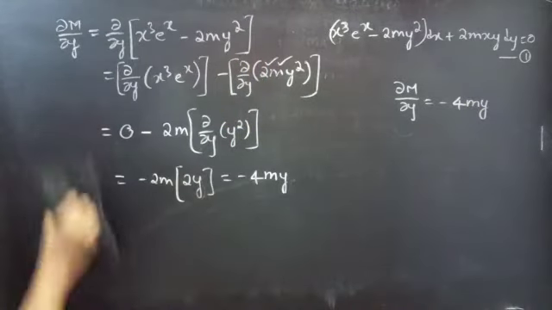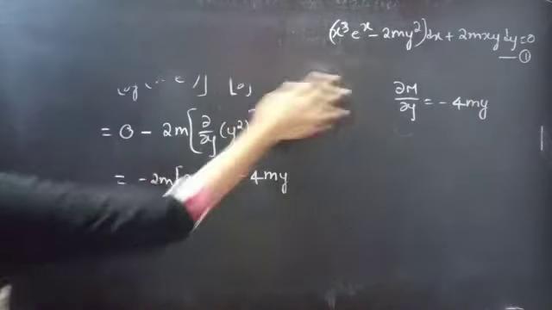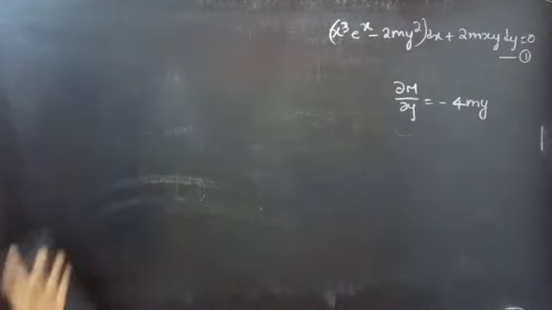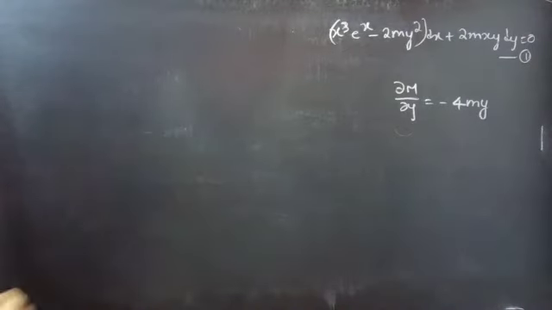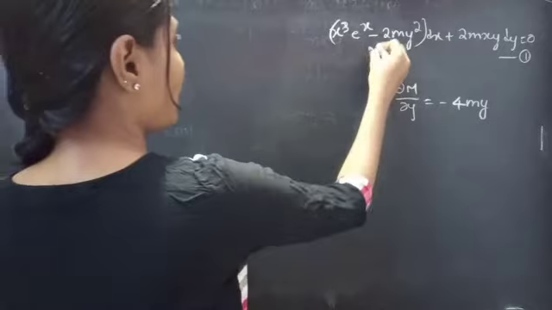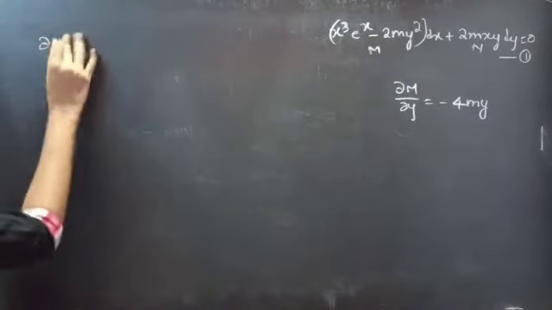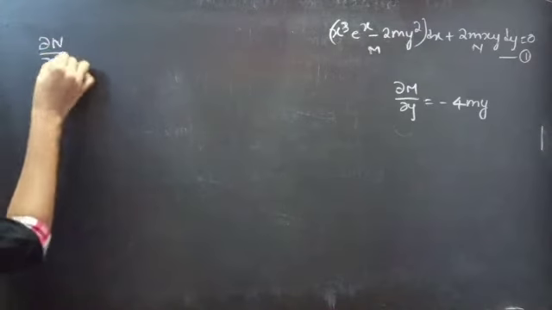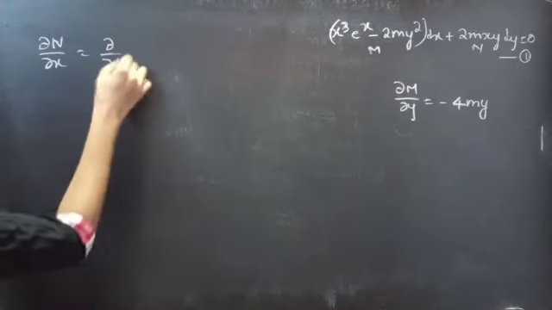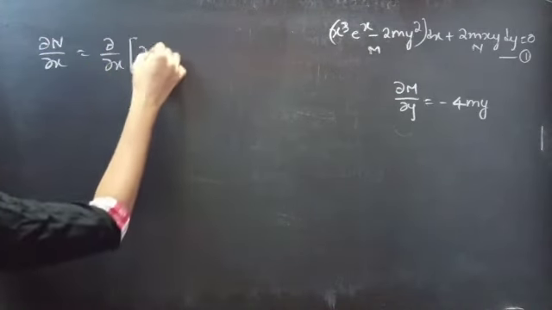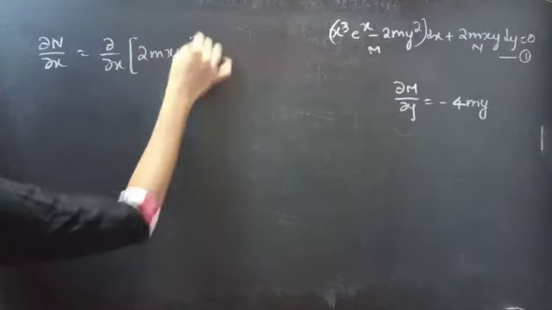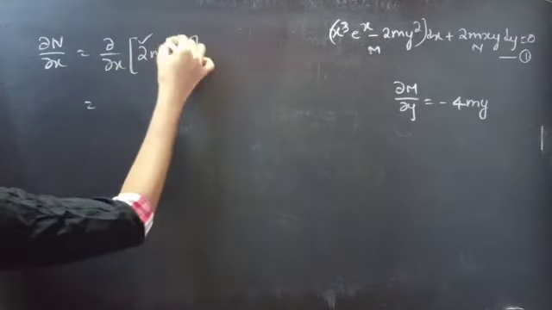Now let's find the partial derivative of N with respect to x. Partial derivative of N with respect to x equals ∂/∂x of 2mxy. Write the constants outside.